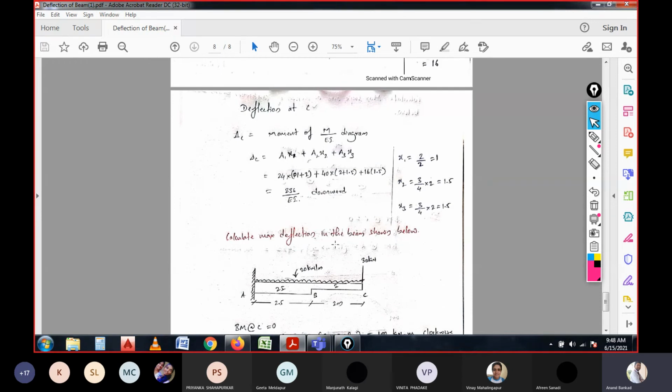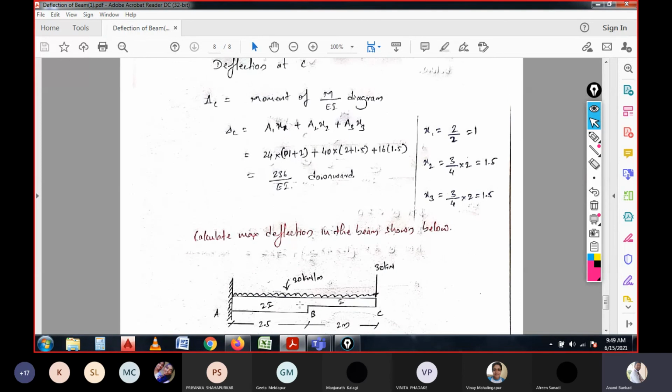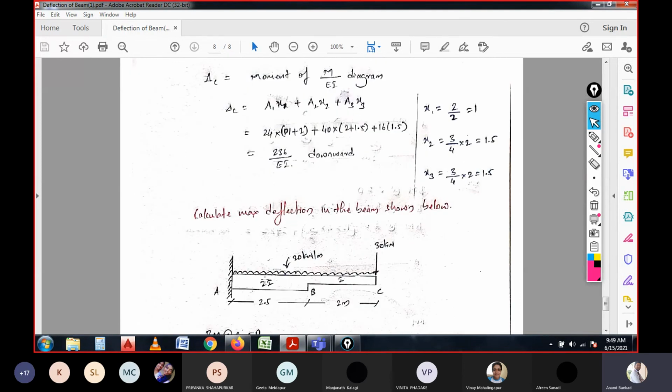So in the similar case, this problem is also considered, right? And this problem is also considered. Next, you need to solve for this. Take a screenshot for this one and try to solve on your own. Whatever we just discussed, it is quite similar to this problem.